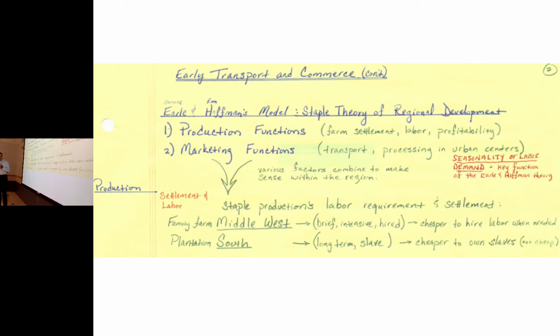The labor requirements in different parts of the United States, Western United States, were very different. Right? In the Middle West, as with New England, and particularly the area around the Great Lakes, as you might recall, was settled by New Englanders.